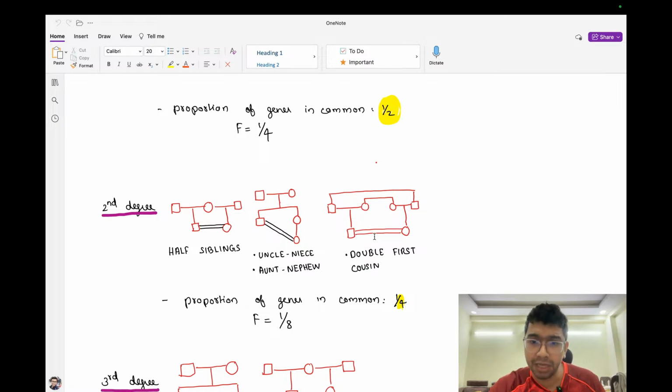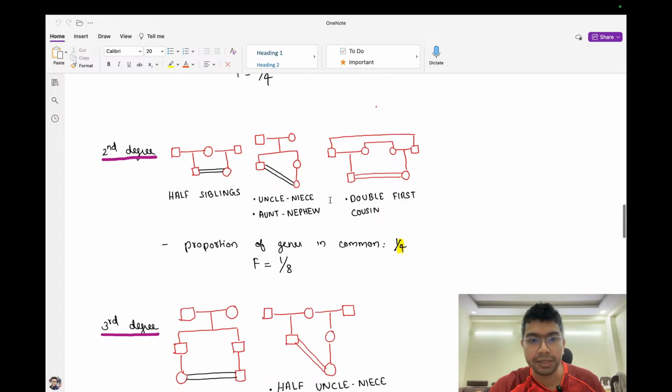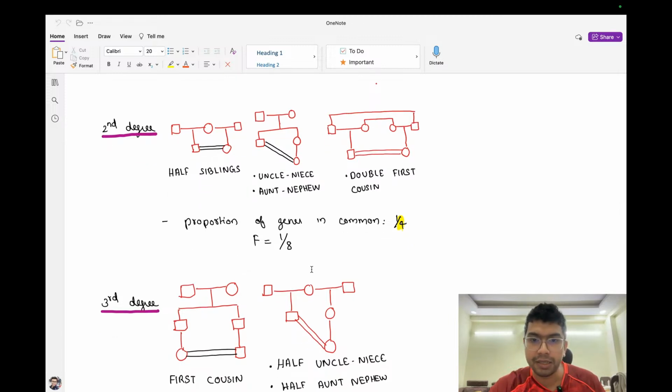Double first cousins mean their mothers as well as fathers are siblings. In these three conditions, the proportion of genes in common is 1/4, and obviously if you multiply it with 1/2, you will get F. F will be 1/8. This is called second degree consanguineous marriage.